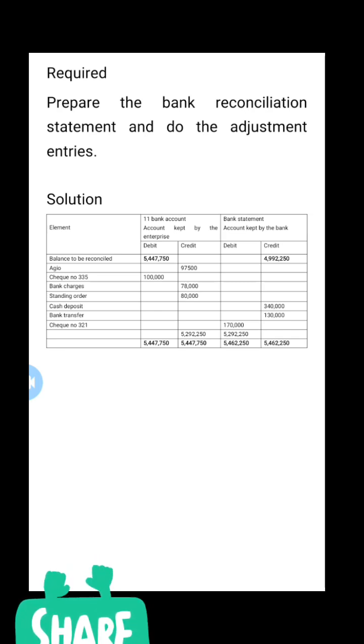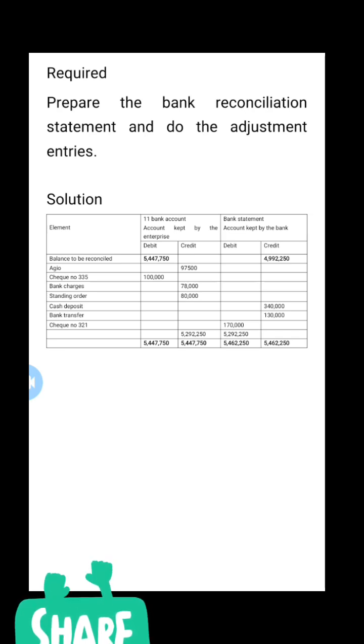So the first thing to do is to bring down the balances to be reconciled. So we brought down the debit balance of the bank account on the debit side. We brought the credit balance of the bank statement on the credit side.